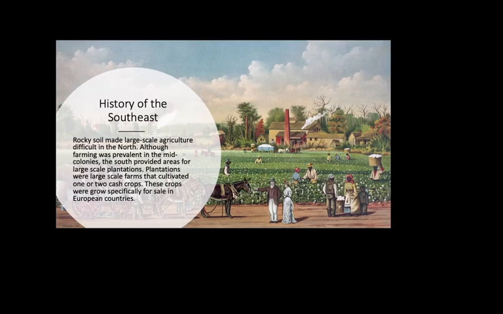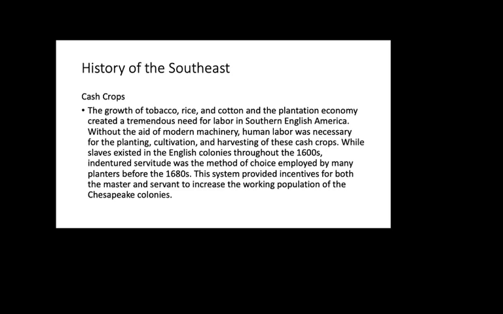So what is a cash crop? Well, cash crops were specifically tobacco, rice, cotton, indigo. These were all cash crops that people used in Europe.